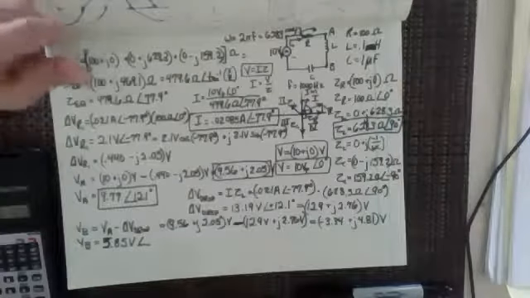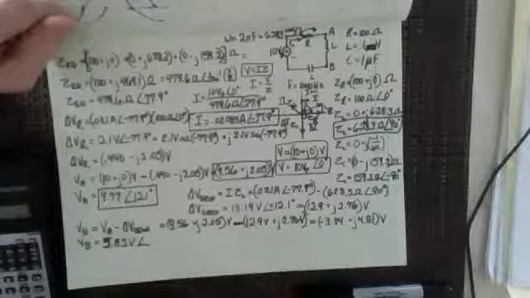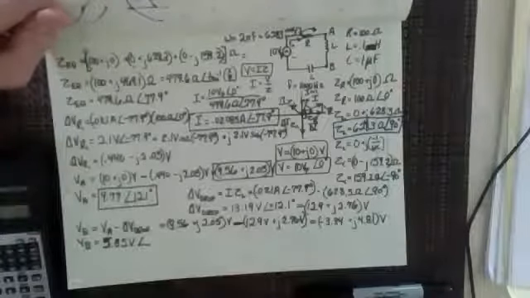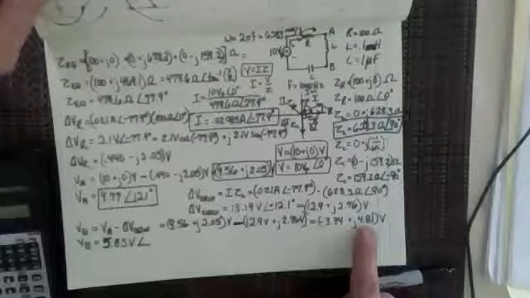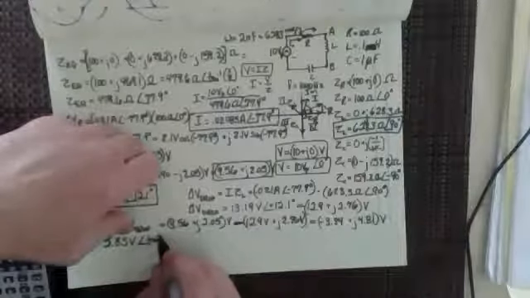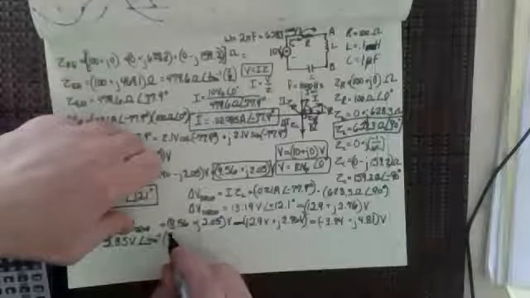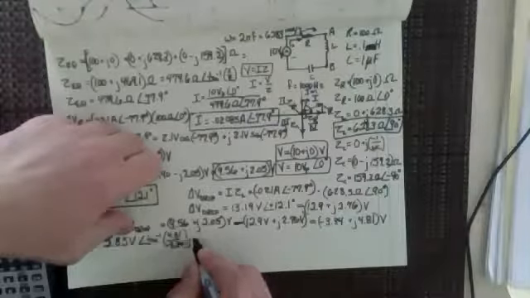Now, let's plug this in and just see how your calculator hates you. Because the inverse tangent, I'm going to just write this, the inverse tangent of what? Now this is going to be 4.81 over minus 3.34, right?